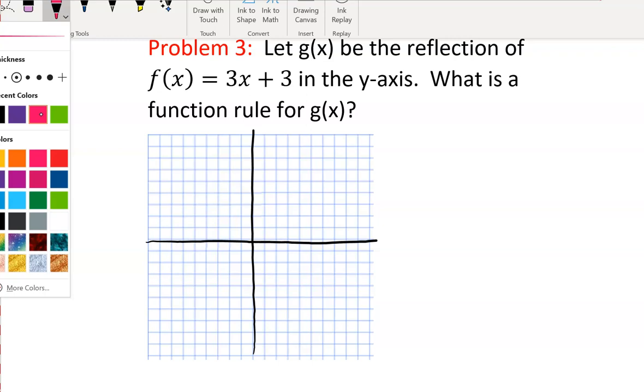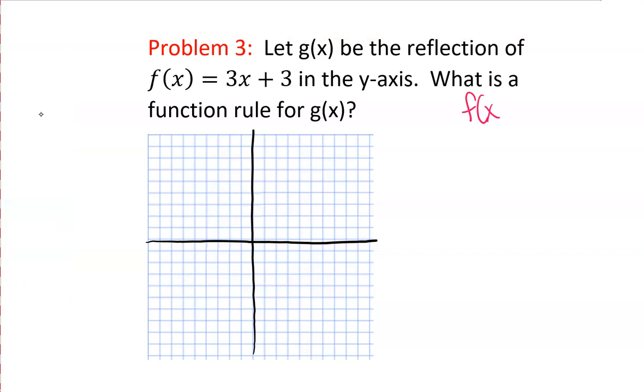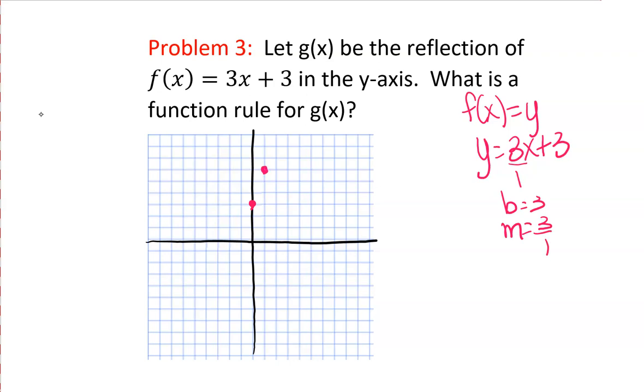Remember, f of x is the same as y, so it's like y equals 3x plus 3. For that one, you could do a big old table, but we know how to graph these. It crosses the y-axis at 3, and the slope would be 3 over 1. So from 3, we go up 3, right 1. And I'm going to go down 3, left 1, and then we'll draw it in. Make sure you do 3 points if you're not using a ruler. If you are using a ruler, you can get by with 2.